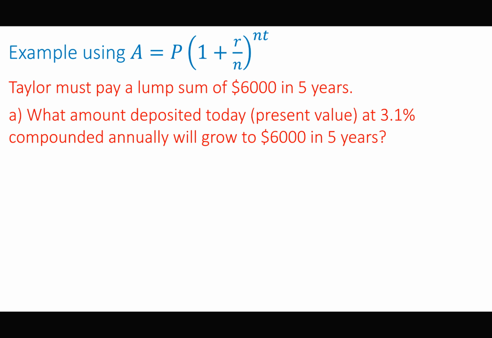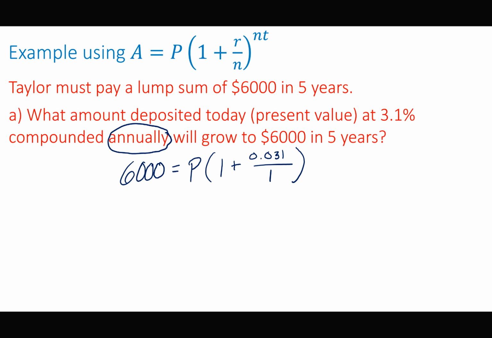Okay, so we can set this up and we could say, well, we want to have $6,000 as our final amount. P, we don't know. That's what we're trying to find. 1 plus our rate, so this would be 0.031. Compounded annually, and so that's just once per year, raised to the N again, which is 1 times 5.